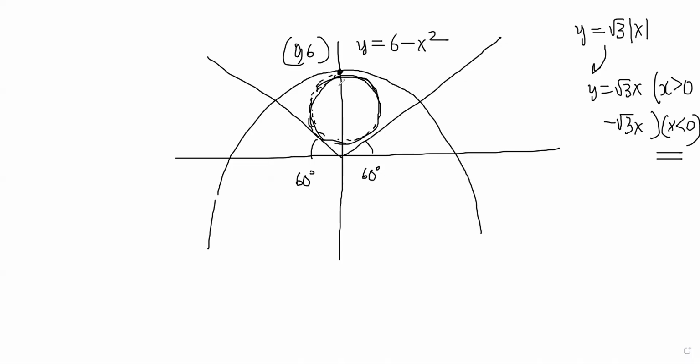By symmetry, it looks like the center of the circle will be somewhere here, right? How can we be sure? We know that 0 comma 0 is the point of intersection of the two tangents to the circle, right? So perpendicular from here and perpendicular from here will be the lines passing through the center, right?